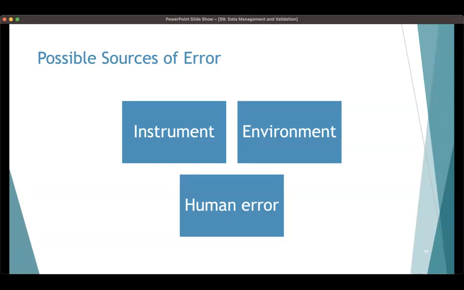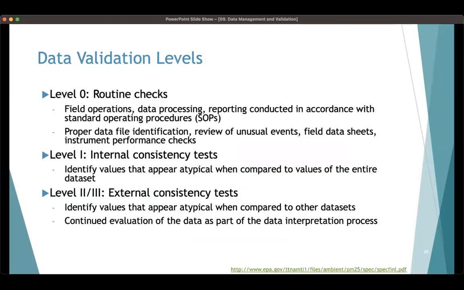Likewise, we have to find the issue, and only then can we fix all these errors and continue with our work. So what are the three possible sources of errors we might have to handle? One is instrumental error. The other is errors coming from the environment, and there are also human errors.